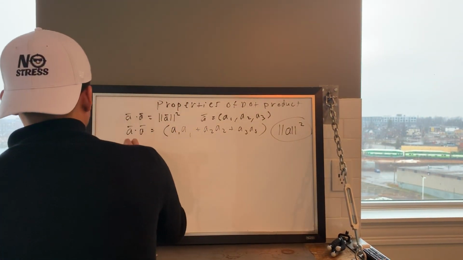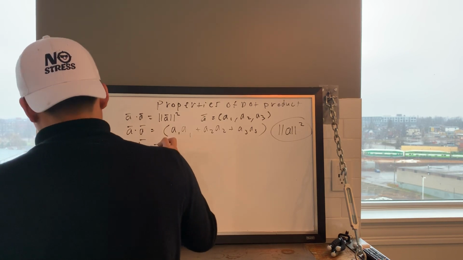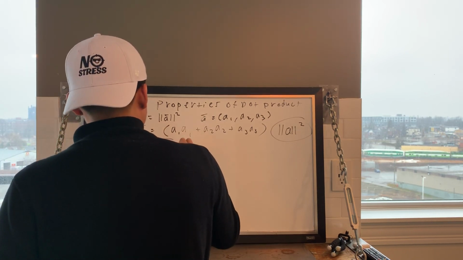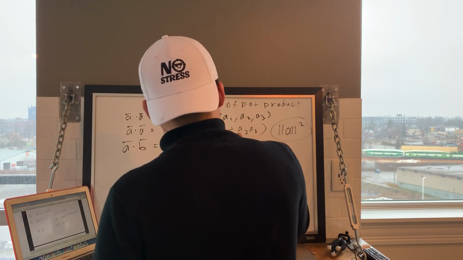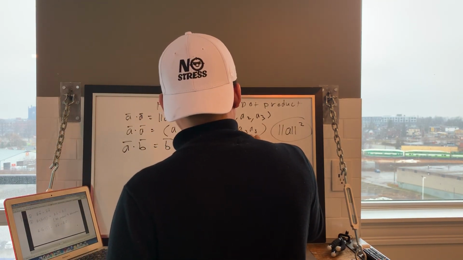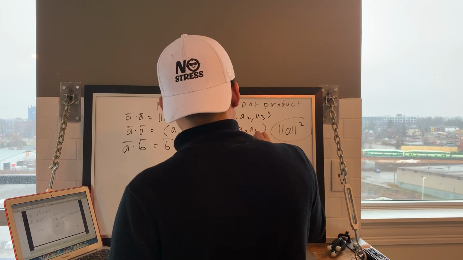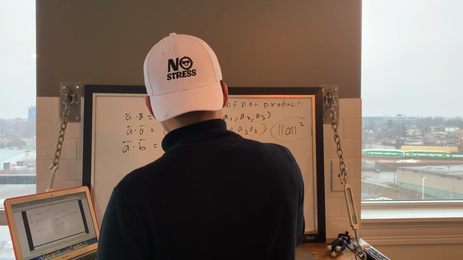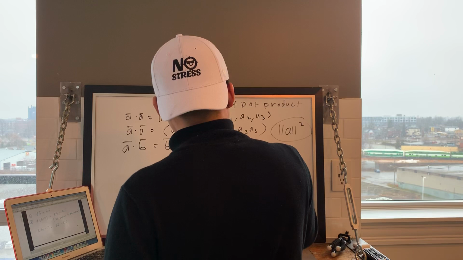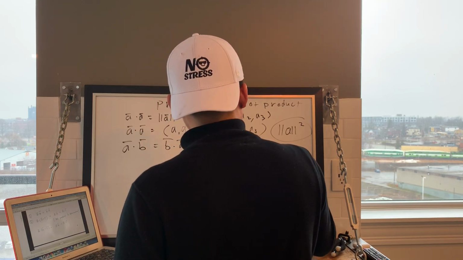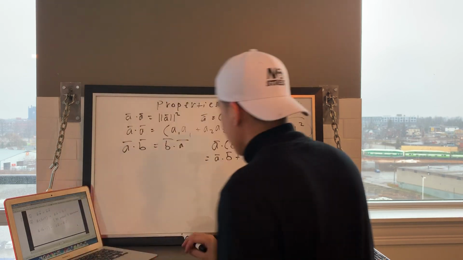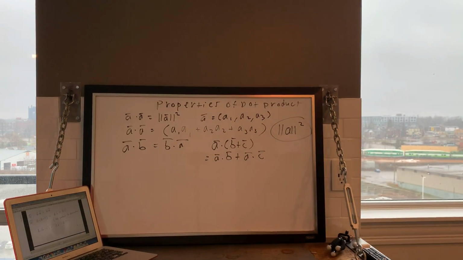A dot B equals B dot A. A dot (B plus C) equals A dot B plus A dot C. Distribute it almost. That's what you can do.